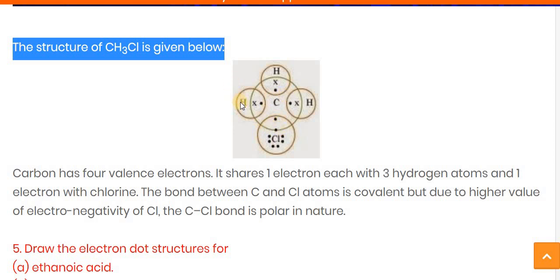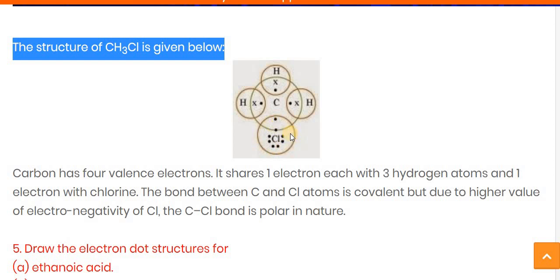Same like the hydrogen shares 1 electron with the carbon, like this 3 hydrogens share 1 electron. Same like the chlorine shares 1 electron with the carbon.